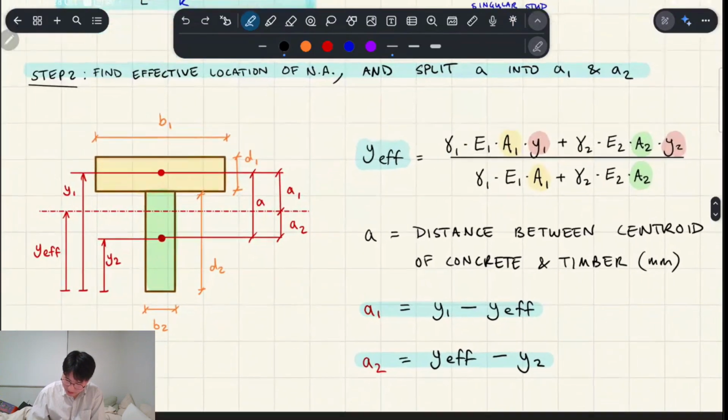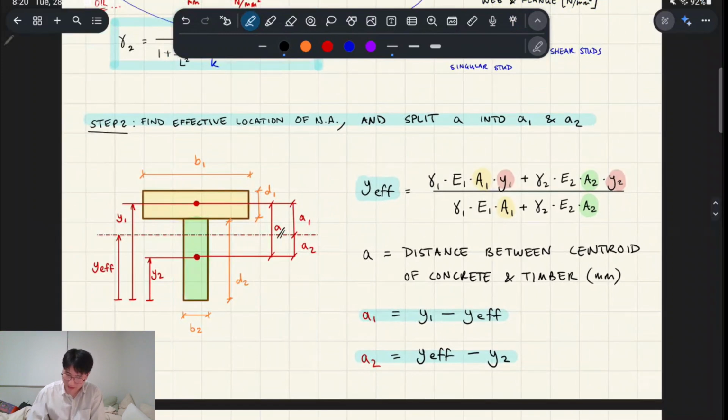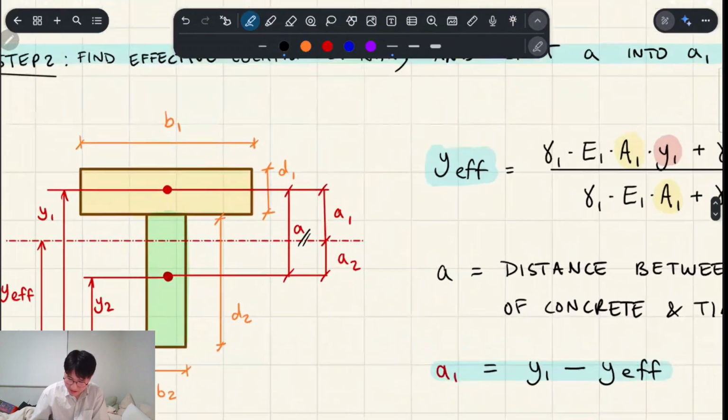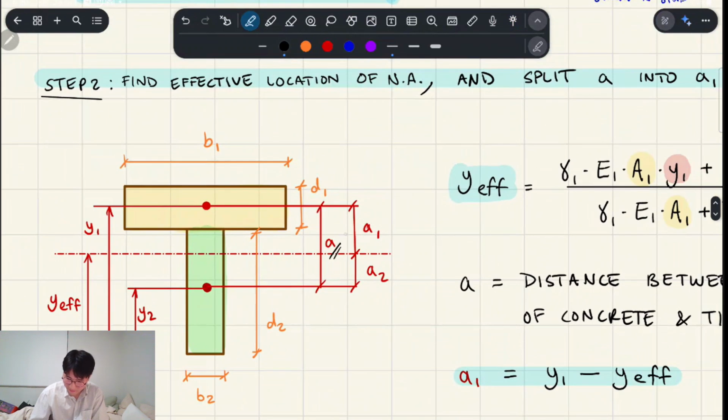In the Eurocode, interestingly, A is just the name of a distance, right? So A is a distance. A1 and A2 in this particular formula is basically the distance from the neutral axis to the centroid of each shape, right?